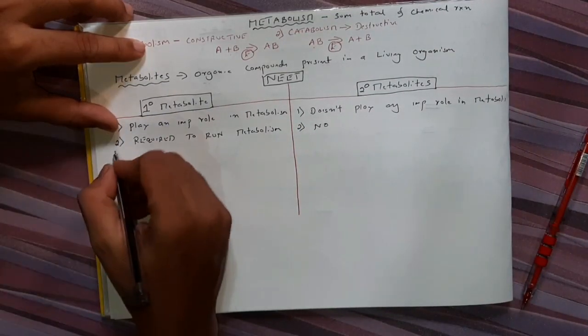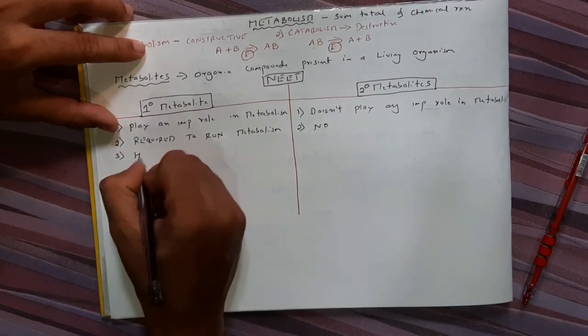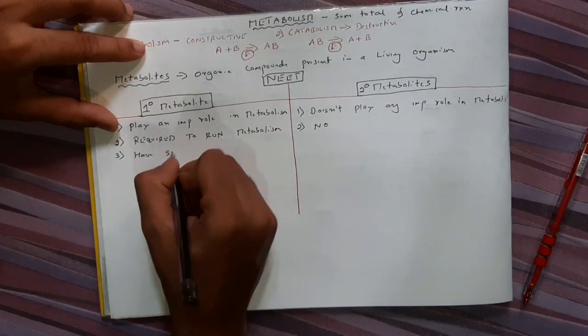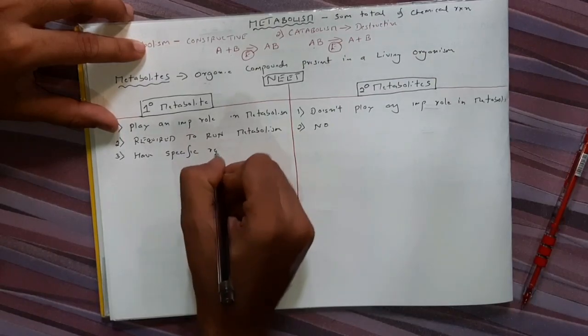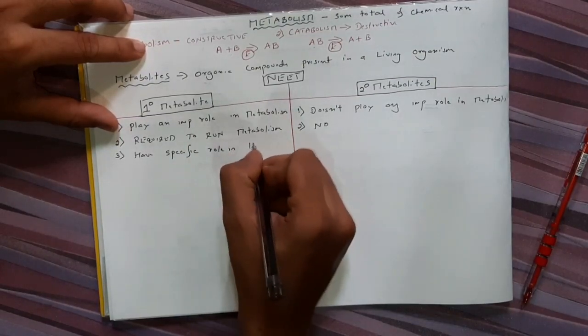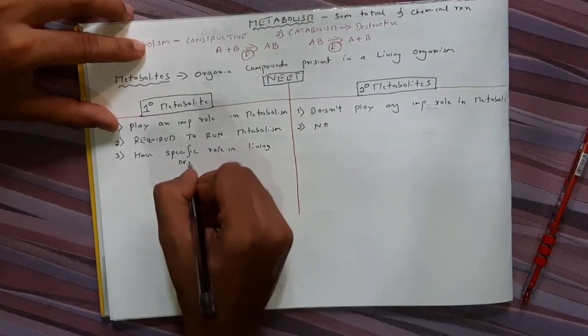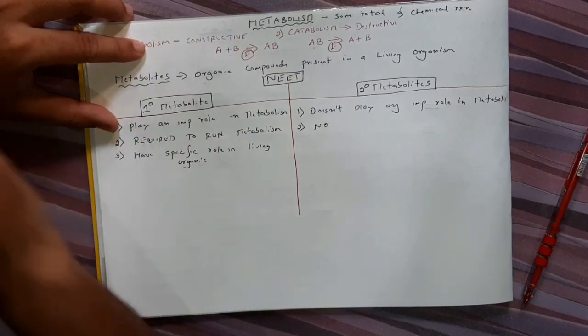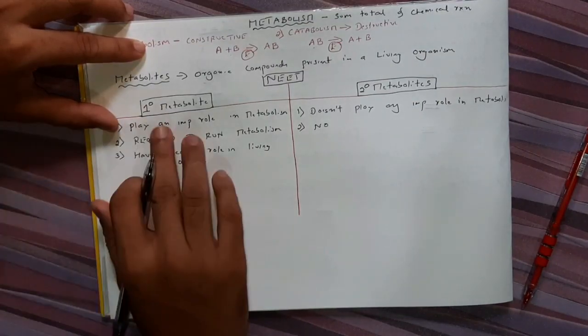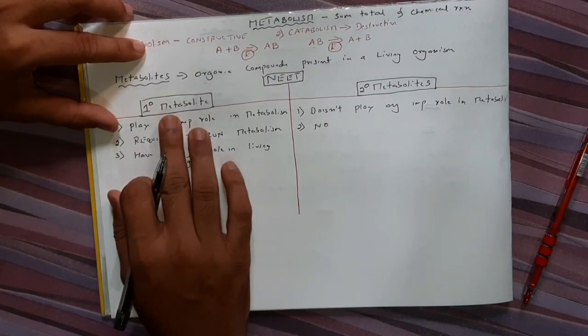Got it? Okay, and this one, they have very specific role. So I'll write here specific role in living organism. For example, you take GLUT4, a type of metabolite which is a primary metabolite, which acts as a receptor. I had already discussed it in the protein concept, I guess.